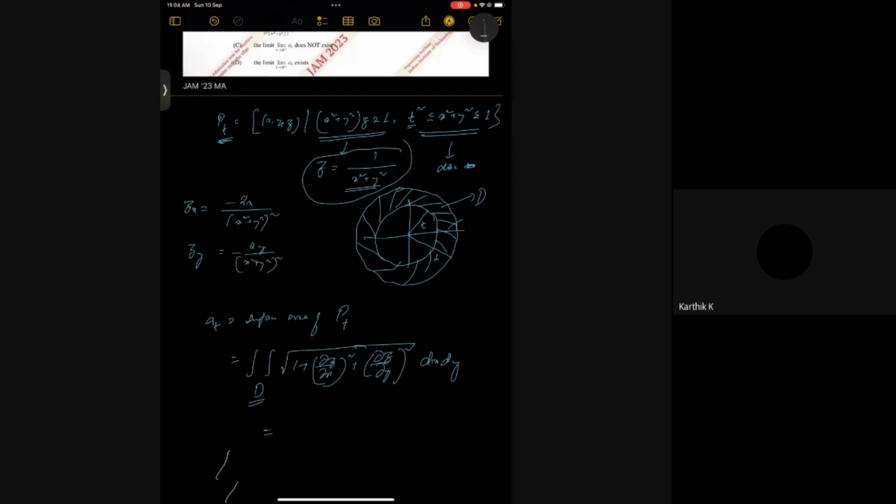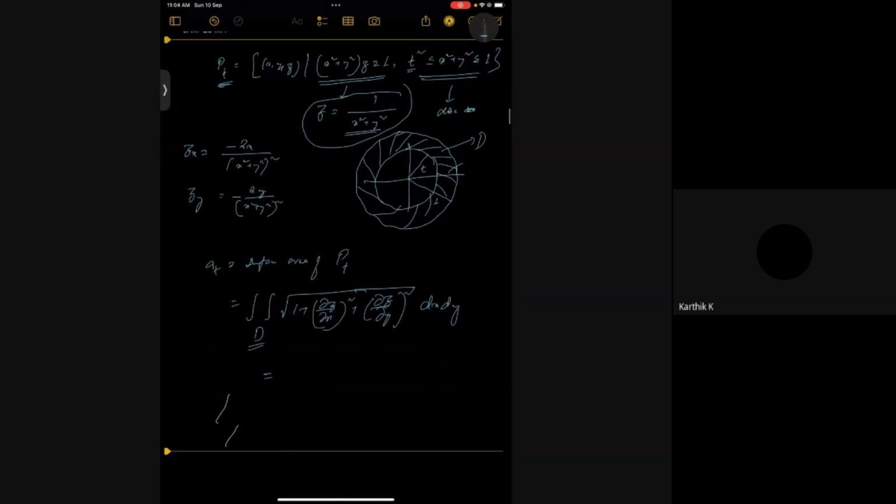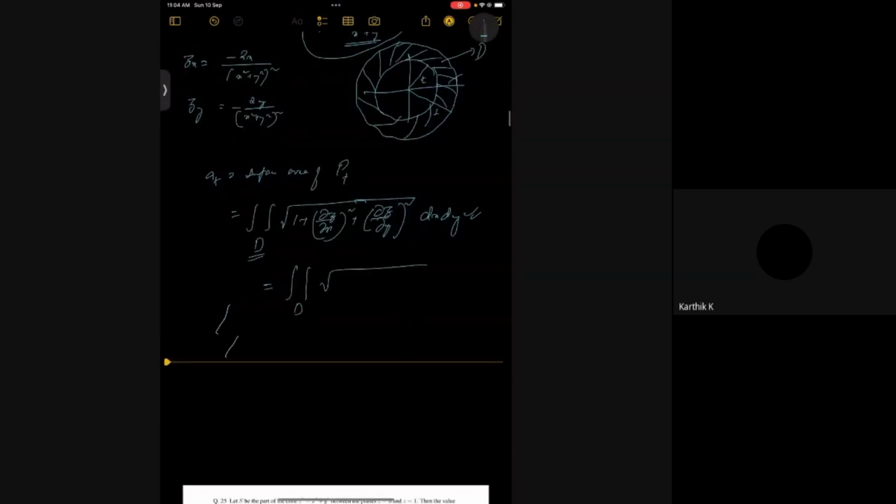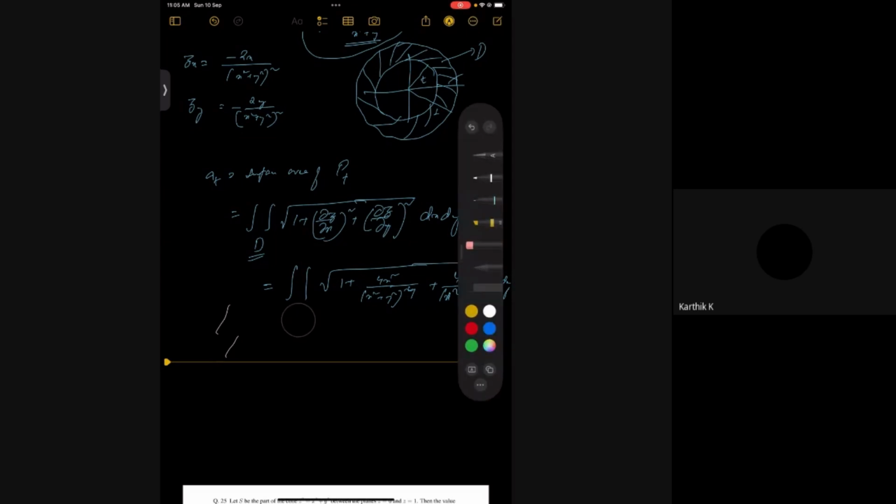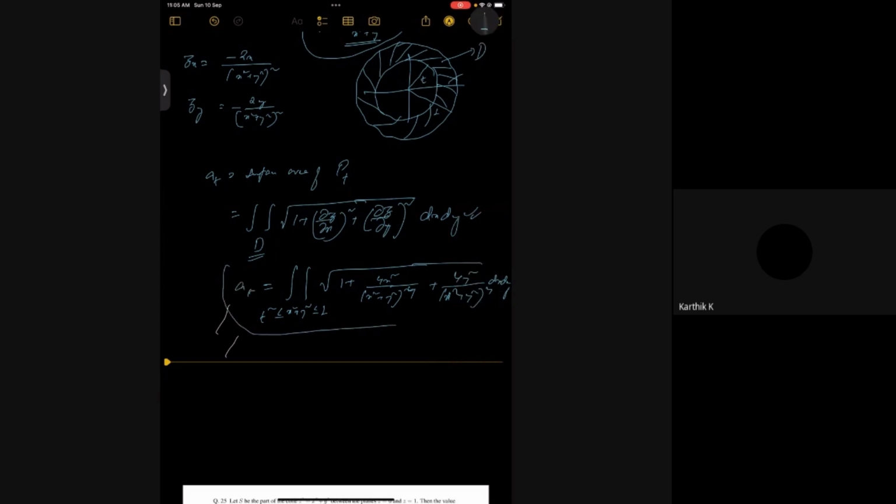If you substitute all these things in this expression, then you get the integral over D of the square root of 1 plus 4x squared by (x squared plus y squared) to the power 4, plus 4y squared by (x squared plus y squared) to the power 4, dx dy, and I can replace this D by what they actually gave us. D is x squared plus y squared lying between t squared and 1. So this is nothing but our A(t), the surface area of S.